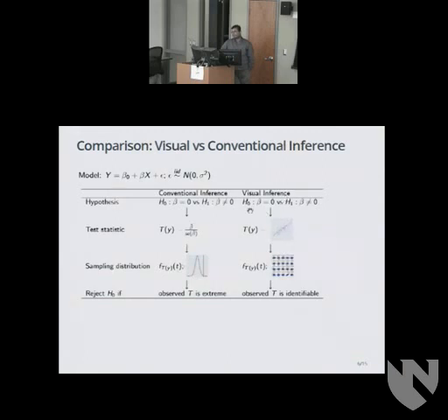Okay? The hypothesis is the same. Now, our test statistic is not just a ratio anymore. In conventional hypothesis testing, the test statistic is a real number. But in our case, it is not a real number. It is a plot. Now, this is how we choose a test statistic to test something in real life, right?